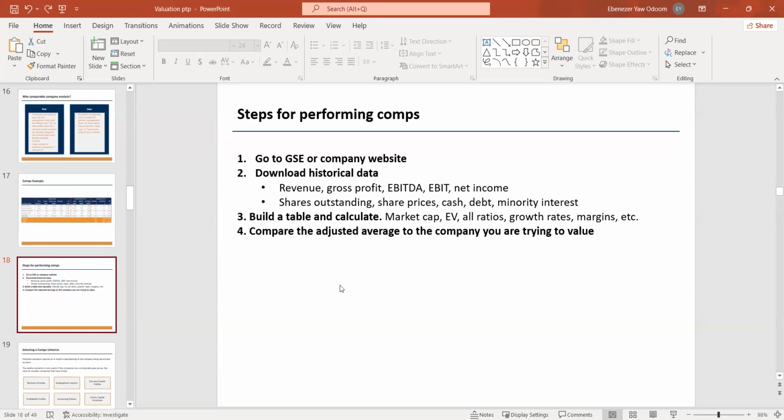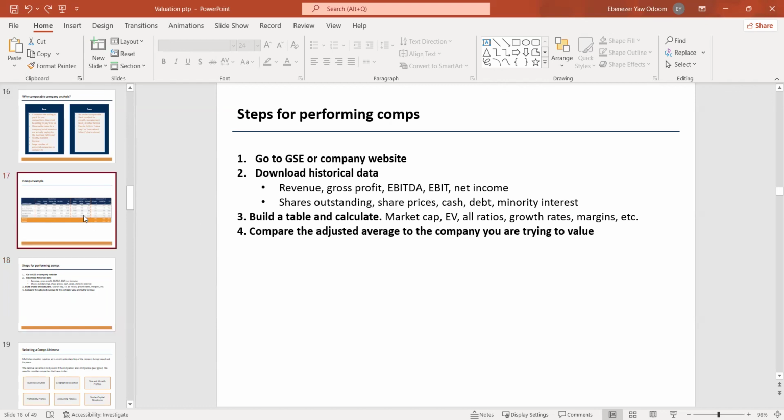Okay, so if you take banks, there are about 8 banks listed, so you can get about 8 banks to compare. And if it is FMCG, or let's say manufacturing, there are also about 5 companies. So we are going to be glancing through how you can list a number of companies and gather their numbers.